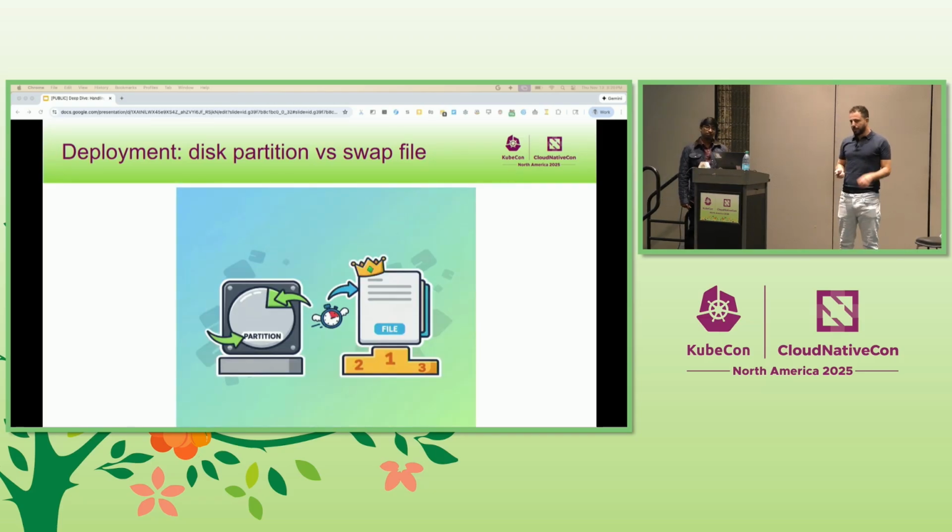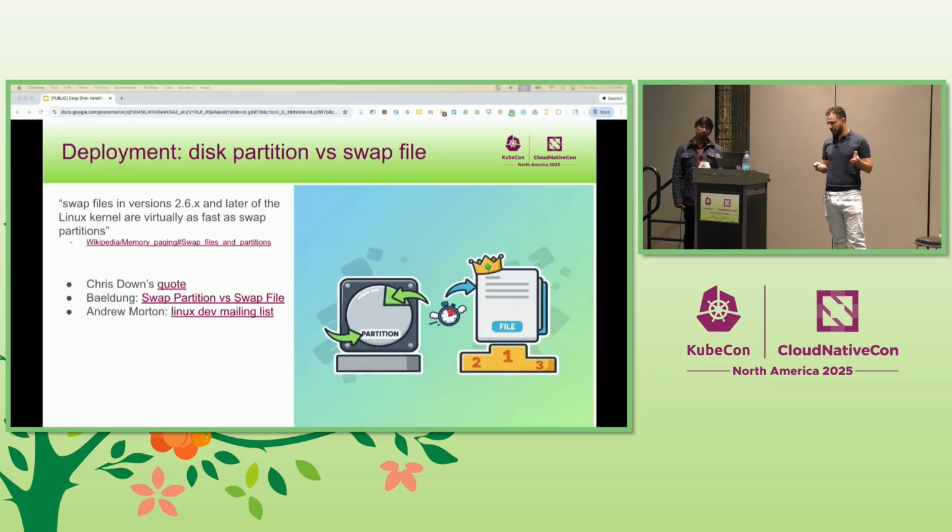First of all, there is a misconception that swap files are slower than partitions. This used to be true a while ago, but it has not been true for a long while. This fact is not very well documented anywhere, which is pretty surprising, but there are some proofs here: a quote from Chris, a memory management kernel developer, another one from the Linux dev mailing list, and some blog posts.